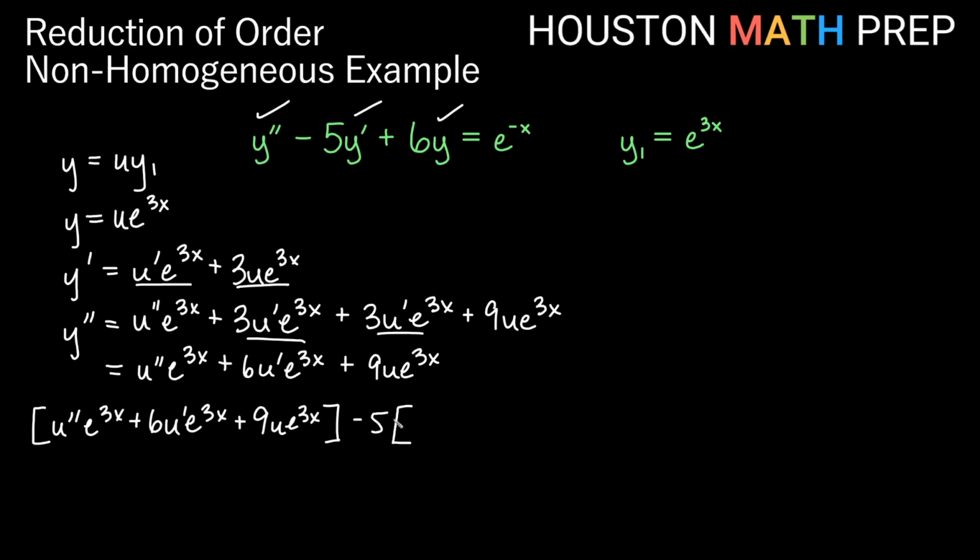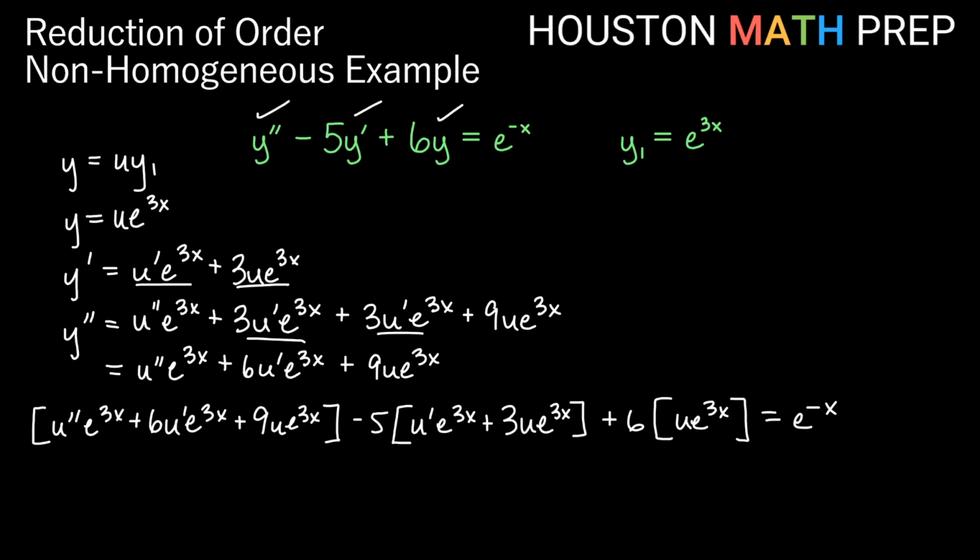So we'll plug in y prime, which is u prime e to the 3x plus 3u e to the 3x, plus 6y, so plus 6, plug in your original u e to the 3x, is equal to, now we have e to the negative x.